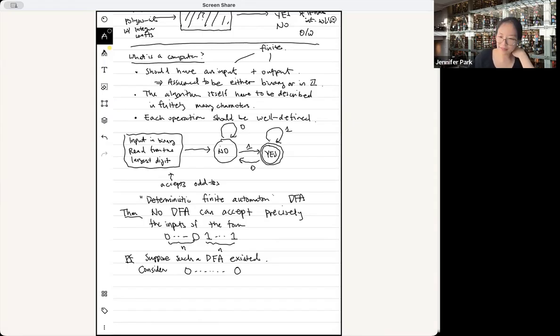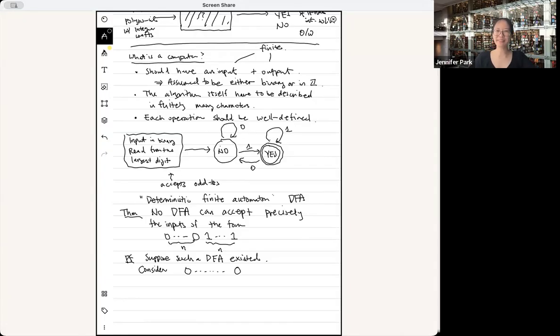Then what happens is that every time this machine reads an input, it's going to bounce around different states. But something interesting happens. I want to apply the pigeonhole principle. Can you guys tell what happens if I apply this pigeonhole principle? If I have more zeros than the number of states, then at some point, 2 states get repeated.